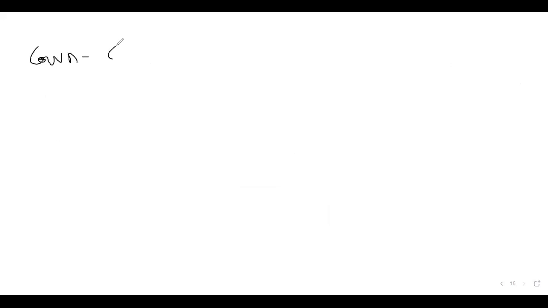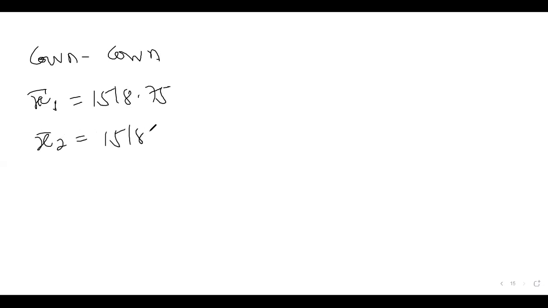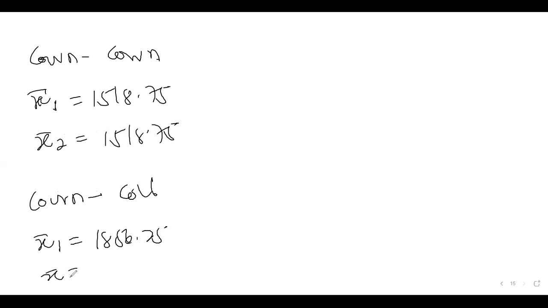Now let's look at a Cournot situation. If both of them play Cournot, if you work it out perfectly, each of them will get a profit of 1518.75. But if firm 1 plays Cournot and firm 2 plays collusion, firm 1 will get a profit of 1856.25. Then firm 2 will get a profit of 1350.